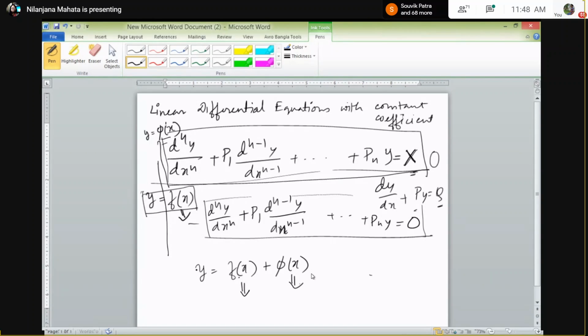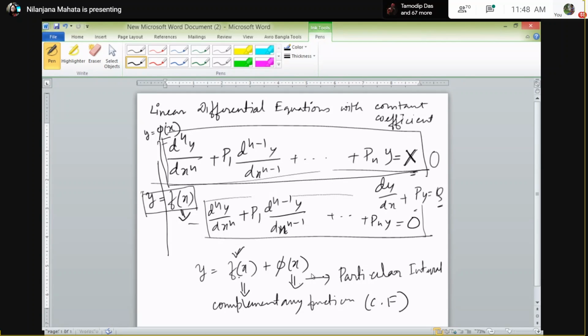Then your complete general solution will be, the first part, the general solution of the homogeneous equation. This is the complementary function, or CF in short form, and this is the particular integral, because I am checking this for a particular value, so I will get a particular solution here.